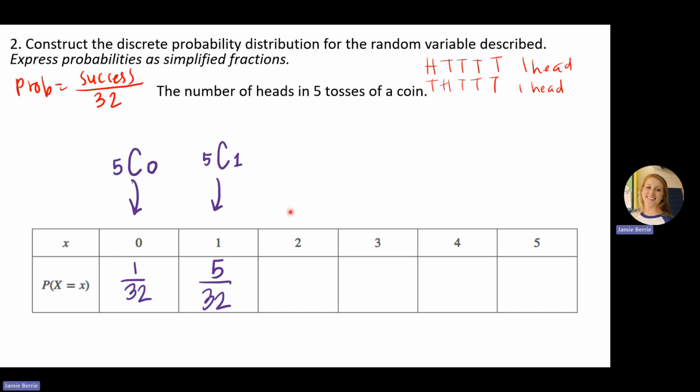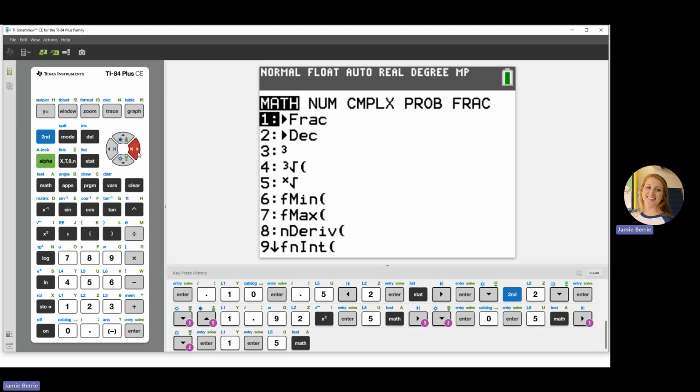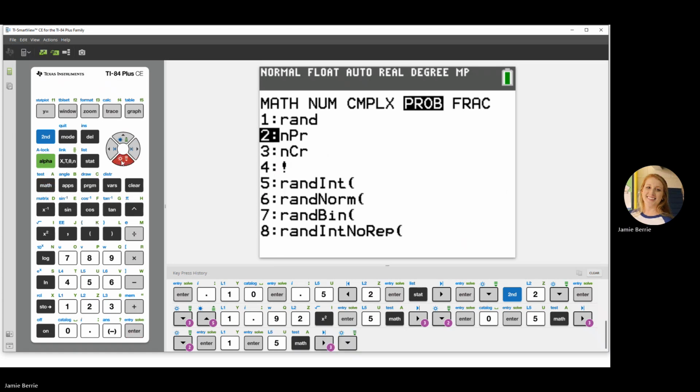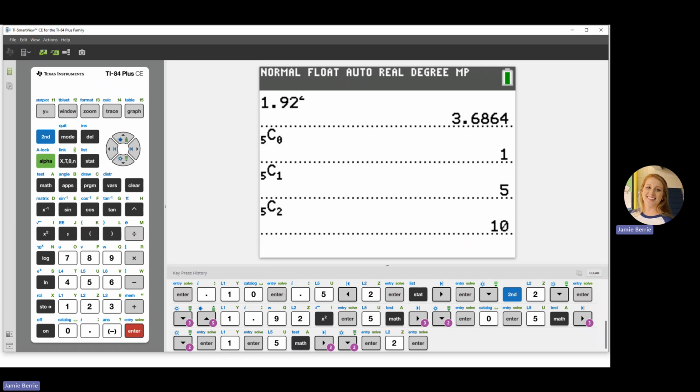Now we have to figure out, out of those 32 outcomes, how many had 2 heads. That's going to be 5 choose 2. Let's do 5 choose 2. 5, math button, and choose R. 5 choose 2 is 10.